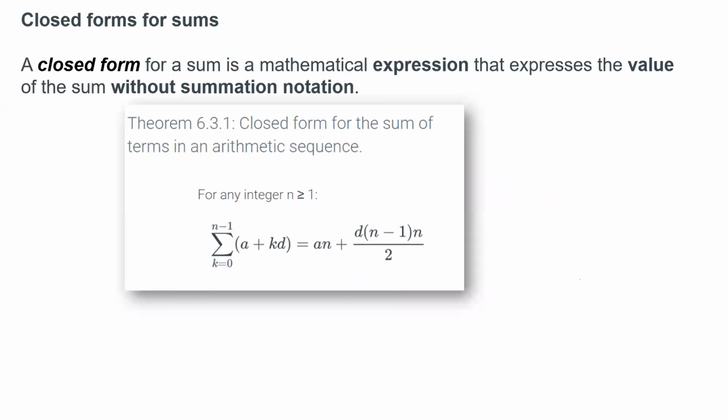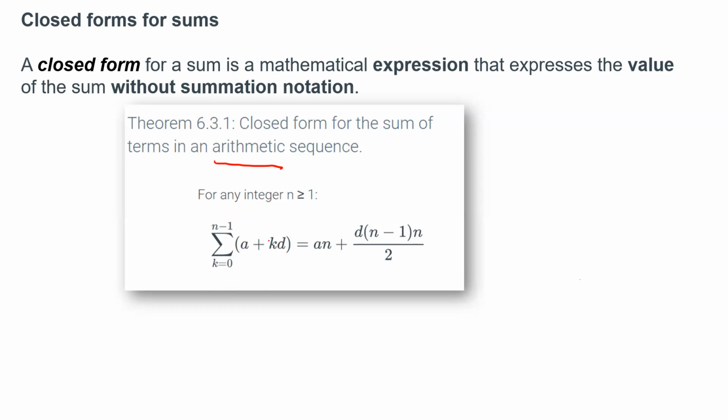Okay, last thing that we talk about today, and that is that some of these summations might already have a formula that's been proven to be equal to the whole value of the whole summation. So for instance, this arithmetic sequence. Sorry, we talked about sequences, but I'm not sure we talked about a sum of arithmetic sequences.